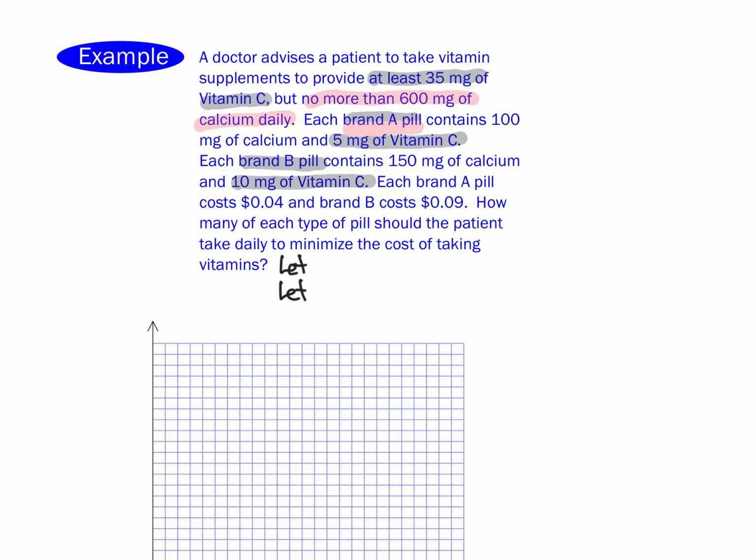Brand A pill again contains 100 milligrams of calcium, and brand B pill contains 150 milligrams of calcium. And then each brand A pill costs 4 cents and each brand B pill costs 9 cents.